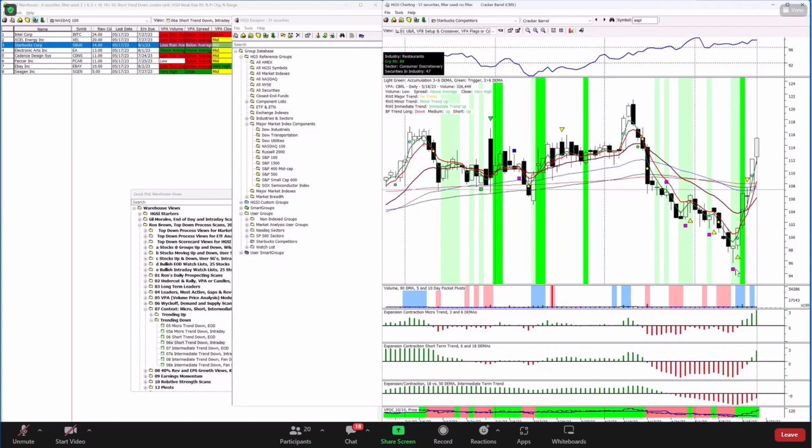But these two green bars, if I'm scanning for this, it's going to show up before the breakout because it's under accumulation. Why? Where do these bars come from? Well, they come from a complicated filter showing that the security is either generating VPA flags or it is generating bullish candles.